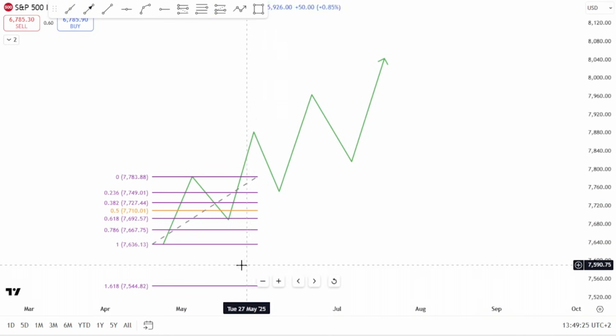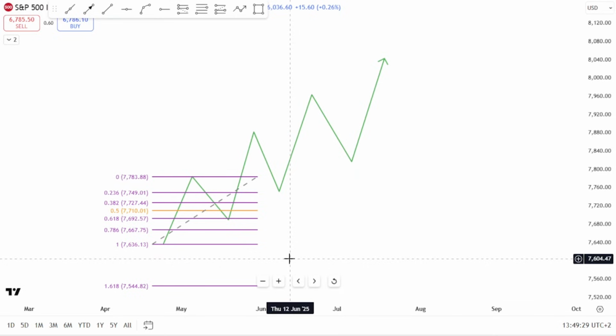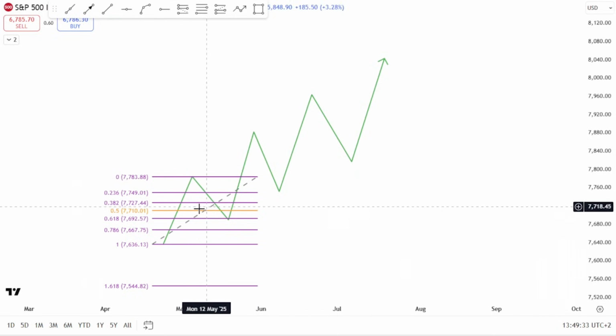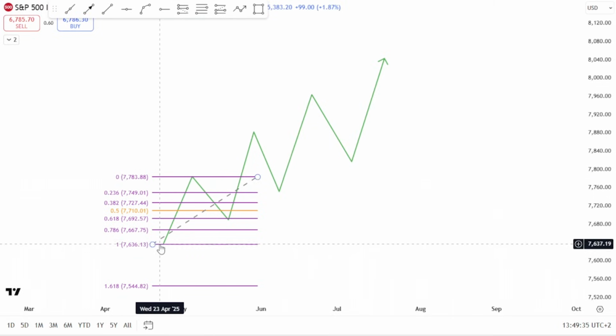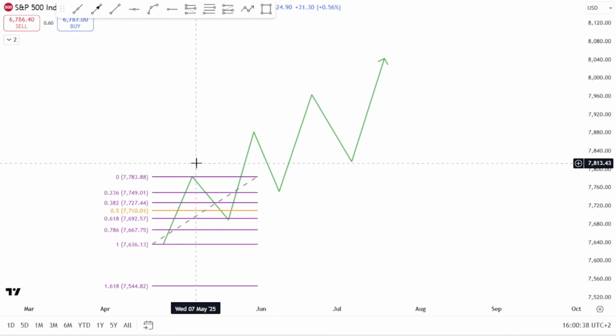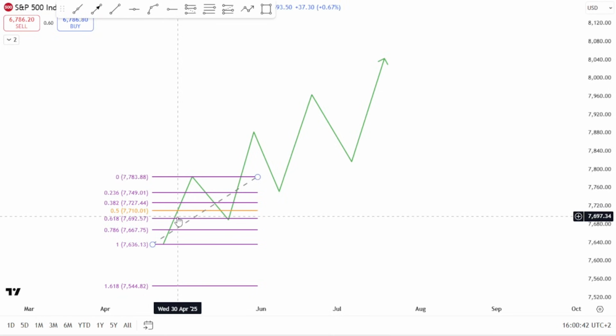And we're going to drag it all the way to the top of the swing. Keep in mind, how you've marked out your Fibonacci retracement doesn't actually matter. The most important thing here is that you've marked out the whole swing from top to bottom, or from bottom to top. Oftentimes, you will find with a swing to the upside, price loves to pull back to the 0.5 retracement level on the Fibonacci, which is equilibrium.